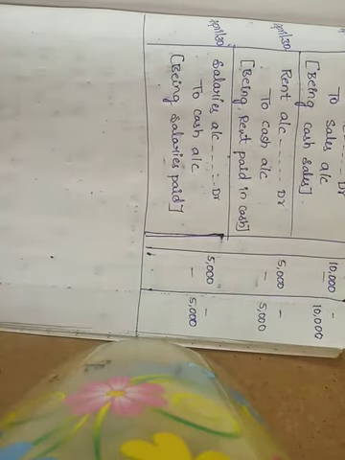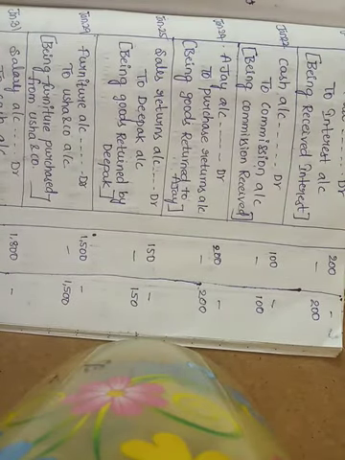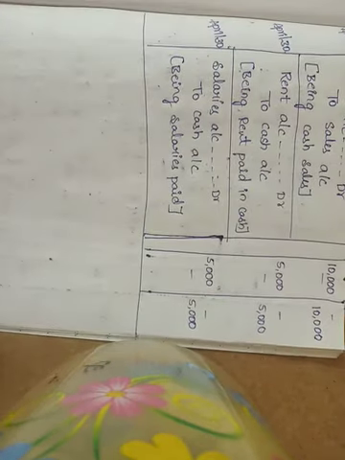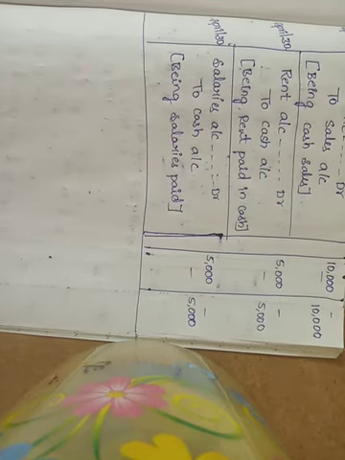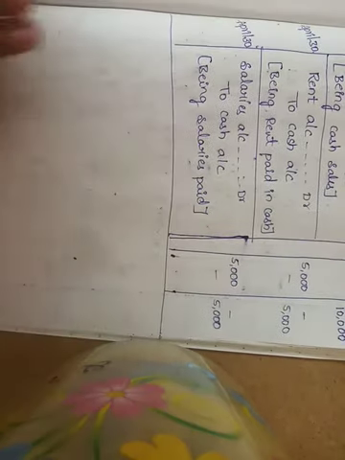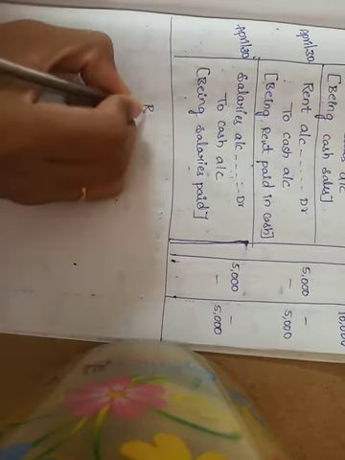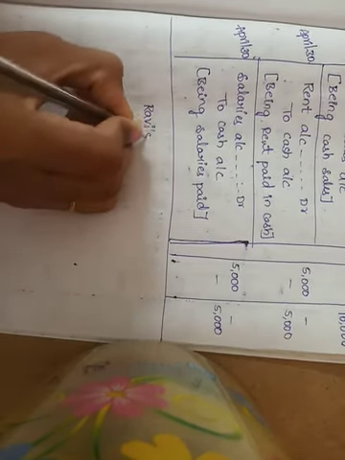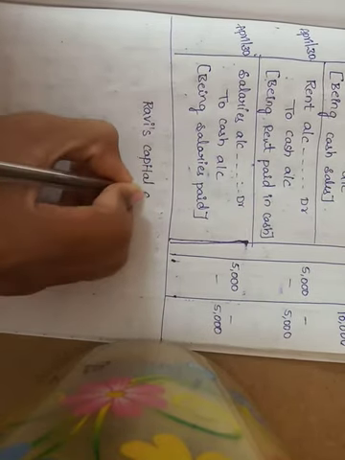Now see which account is prepared first. First we prepare Ravi's capital account. Under this ledger, the most important thing is that first we write the name of the account: Ravi's capital account.